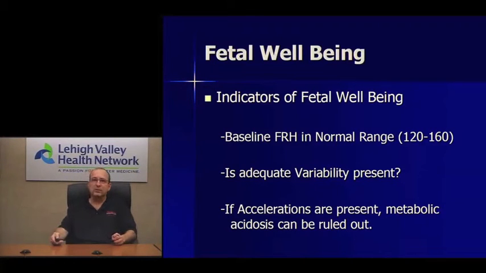Now, are we going to know if there's variability present for an ER transfer that doesn't have the capability to constantly monitor the fetal heart rate? We might not know the answer to that, to be perfectly honest. Or especially if we're picking up at a scene, maybe a known high-risk OB patient, we're probably not going to be able to accurately say whether there's variability or a changing heart rate.